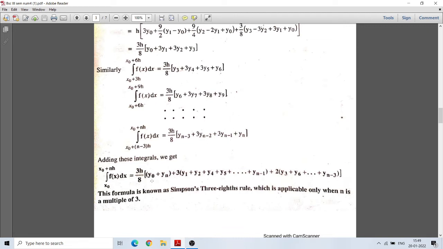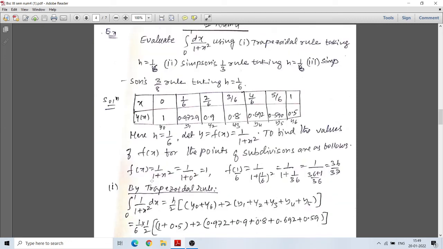This is known as the Simpson 3/8 rule. So up to this stage we know the meaning of the quadrature formula, trapezoidal rule, Simpson 1/3 rule and Simpson 3/8 rule. Let us move on to some simple examples on these formulas.